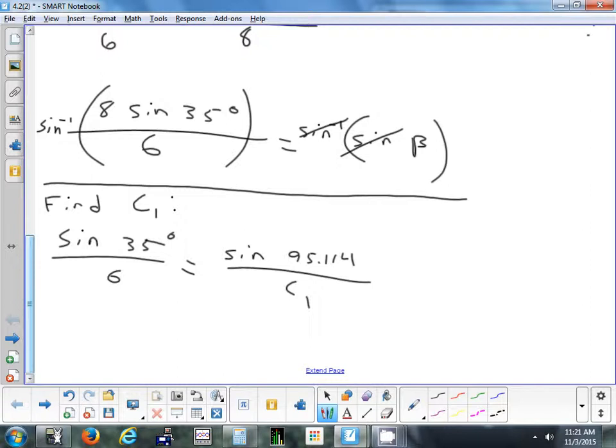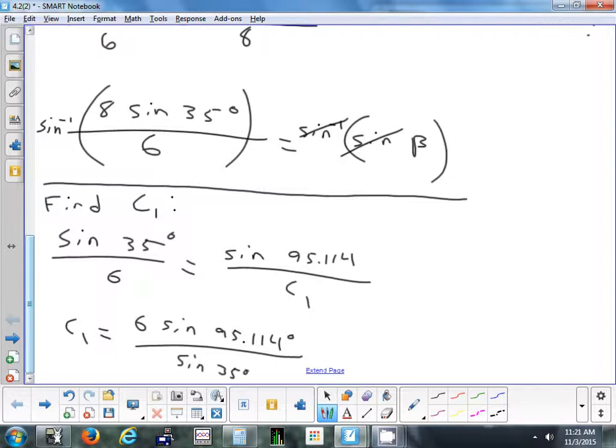Now we'll just cross multiply. So 6 sine 95.114 divided by sine 35. Did anybody already have the decimal for that? 10.419?